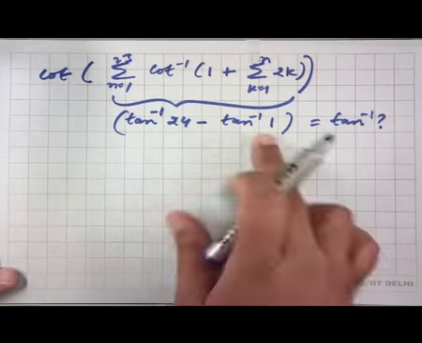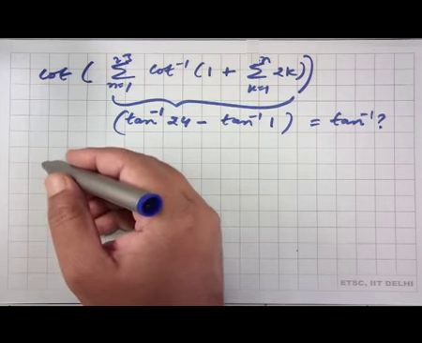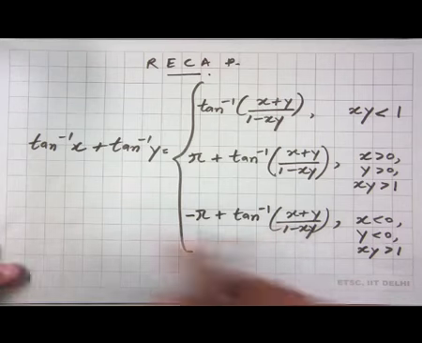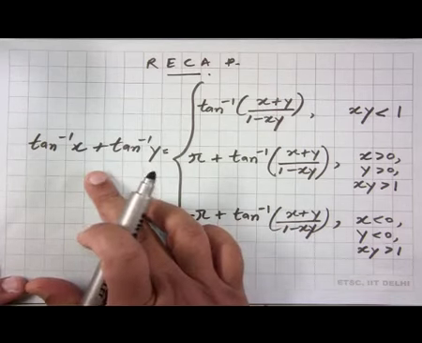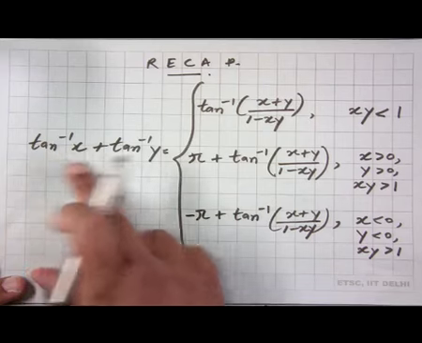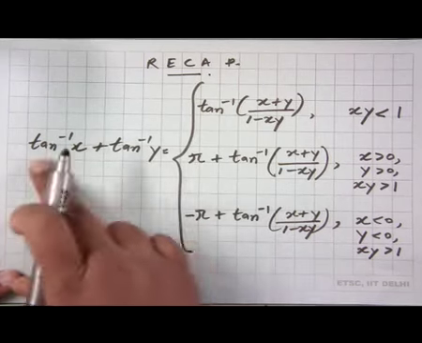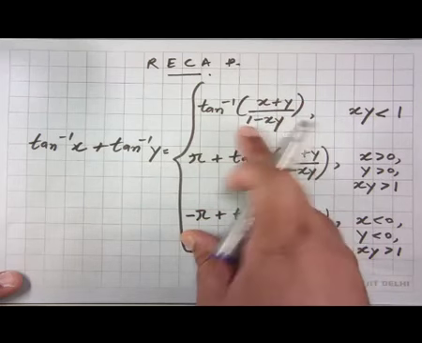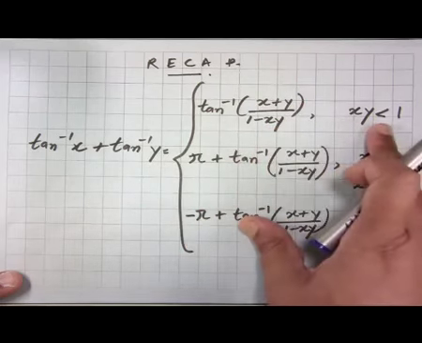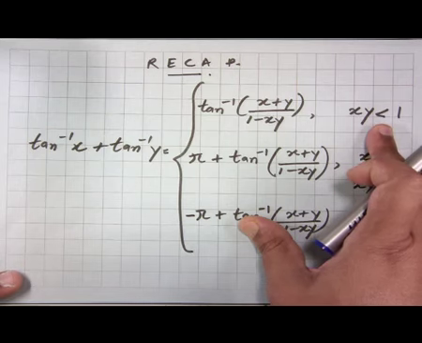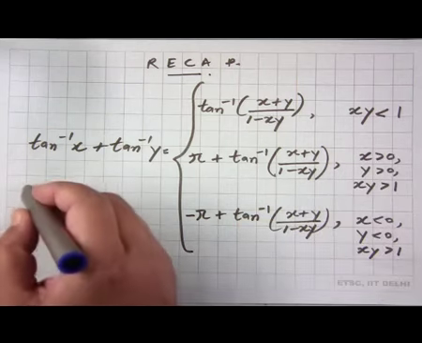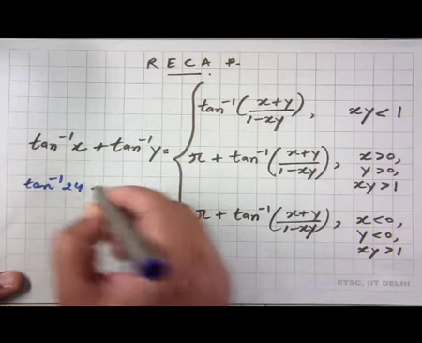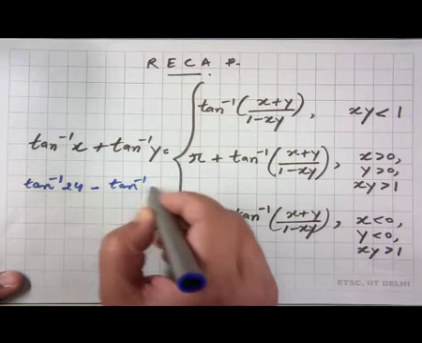If you remember, at the start of this class today we were revisiting some of the earlier derived results. One of the results was this expression here, that tan inverse x plus tan inverse y is equal to tan inverse of x plus y over 1 minus xy, if xy is less than 1. In our case, we need to compute tan inverse of 24 minus tan inverse of 1.